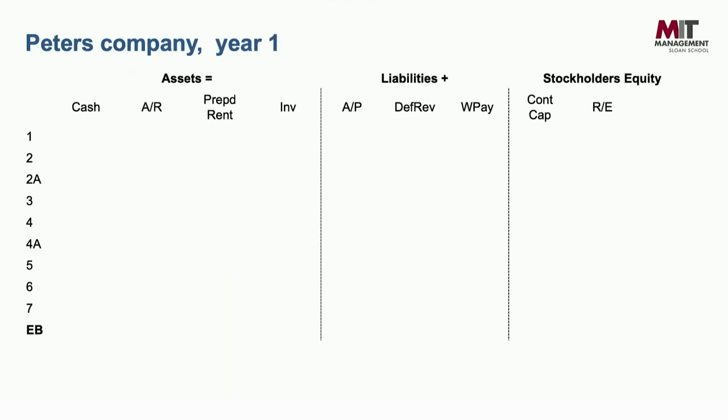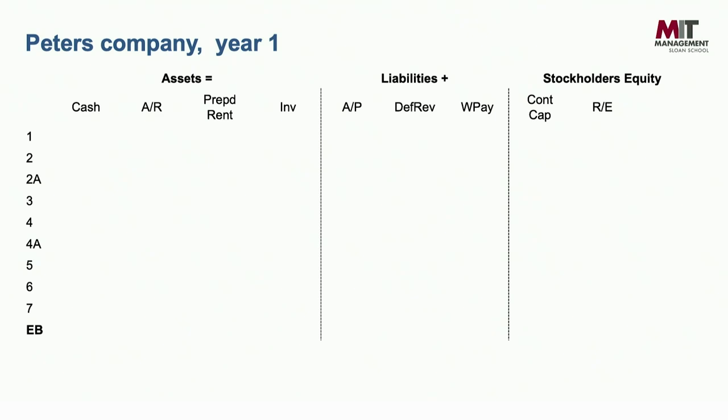So what we're going to do now, here's a pretend Excel spreadsheet. Obviously, we're doing this on PowerPoint. But we've got some assets. We've got cash, accounts receivable, prepaid rent, and inventory.